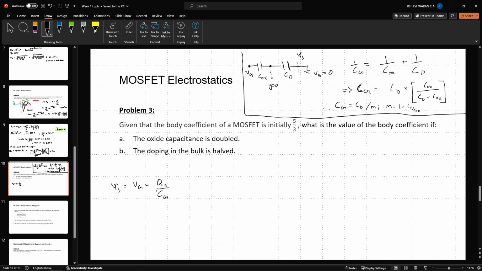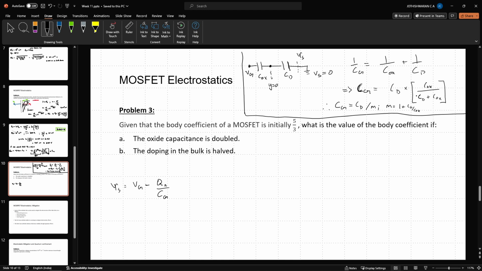So ideally speaking, I will want Cg to be as large as possible. Technically speaking, I will want Cg to be infinite. If Cg is infinite, then all is well and good, and no voltage drop will occur. But that is never going to happen. So now, what is the factor that is affecting me here?